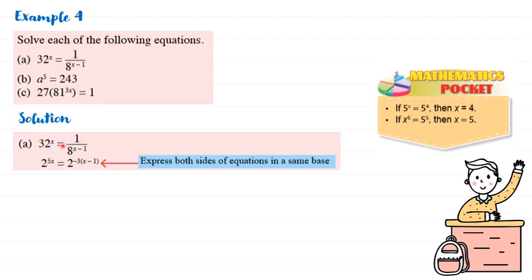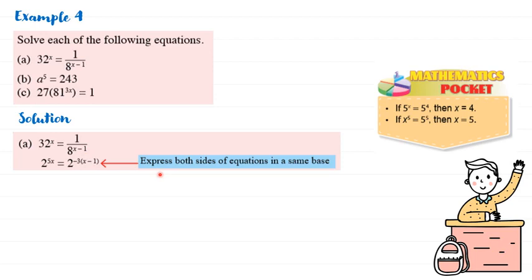Since 8 is the denominator, if you want to make it in one row, you bring it up, and it becomes power of negative. So it becomes 2 to the power of negative 3 in bracket x minus 1.